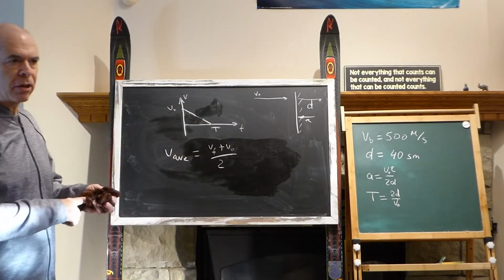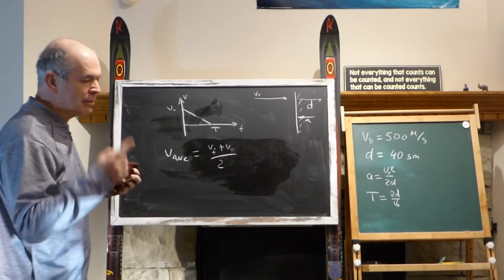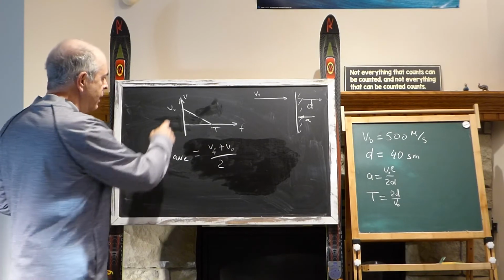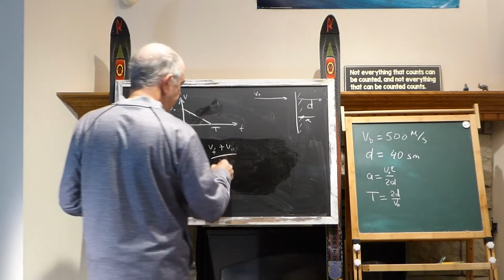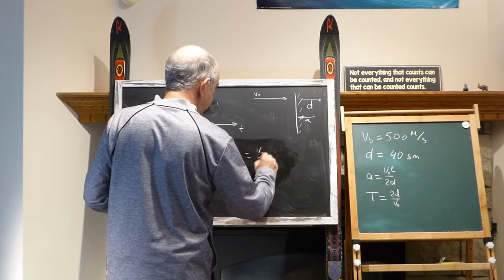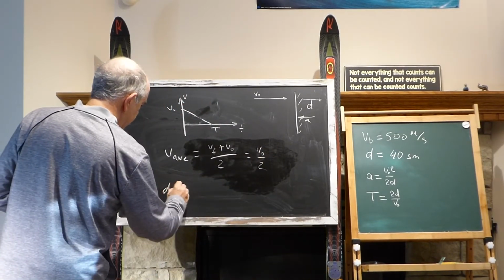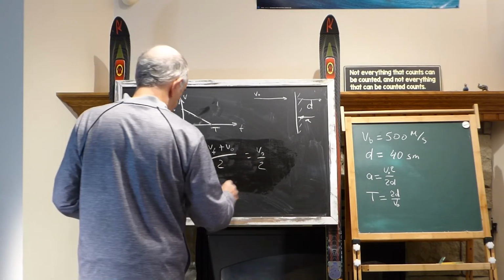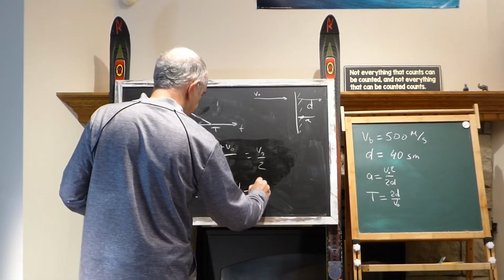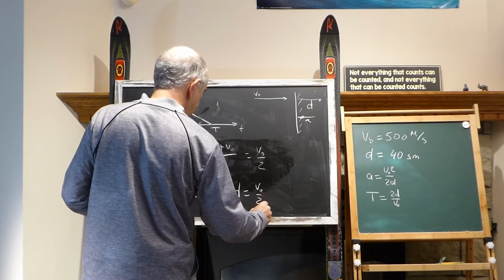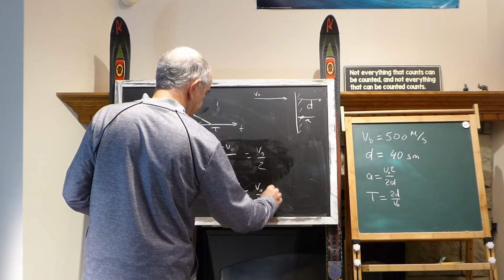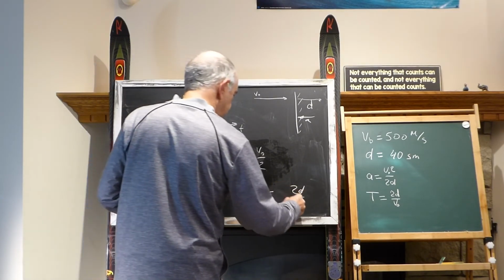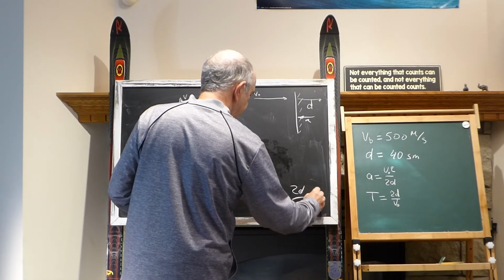Like average, like we get used to most of the time, but don't make this mistake, because it's not always, it's most of the time. So V0 plus V final over 2 would be V0 over 2. So distance equals V average multiplied by t, and that means distance equals V0 divided by 2 and multiplied by t. So t equals 2D over V0.